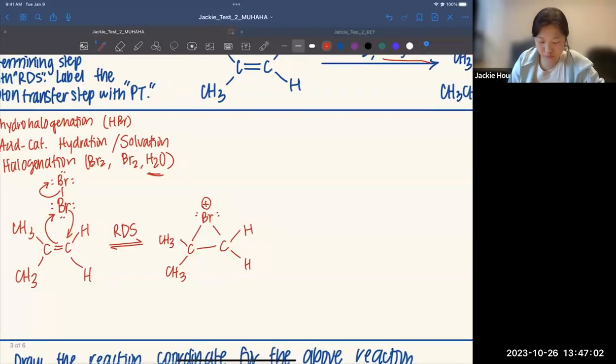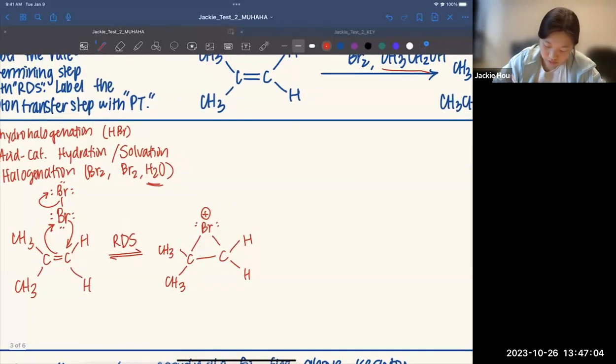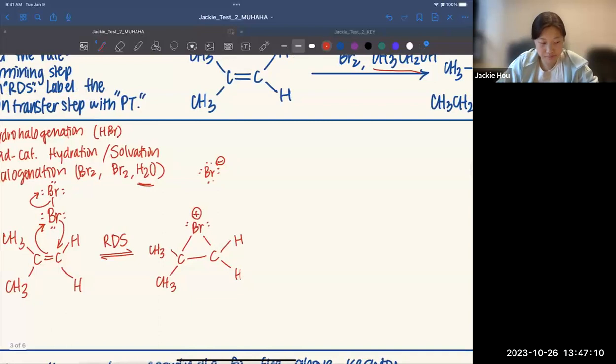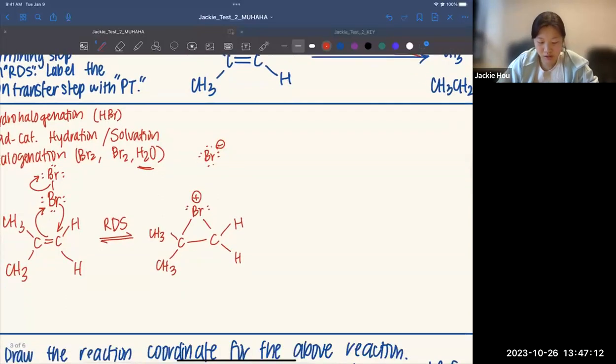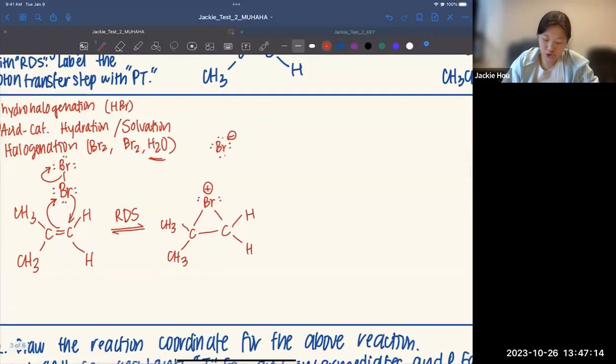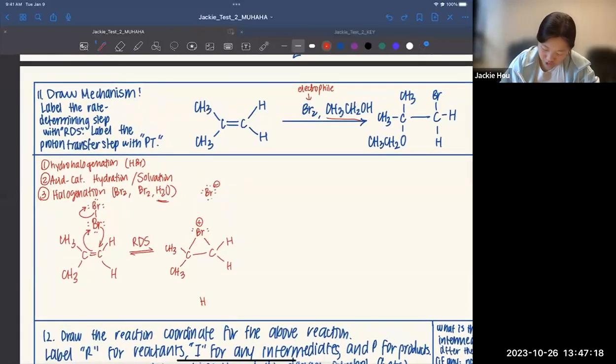The bromine has a formal charge of +1, and then that bromide ion that left will have a -1 over there. And so now what's going to happen is your solvent, or water or something, is going to add to it.